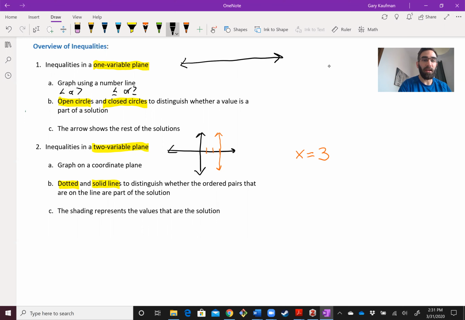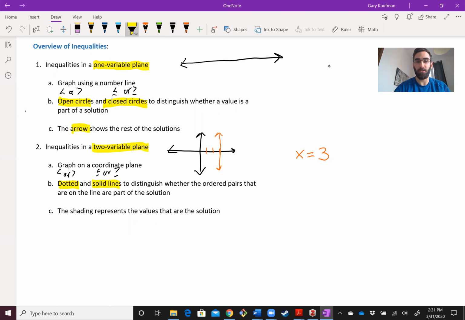The dotted, like open, is less than or greater than, and solid is less than or equal or greater than or equal. But we then use an arrow in one variable to show the rest of the solutions. And in an inequality, we use shading. So we're going to see what that's like with an example now.